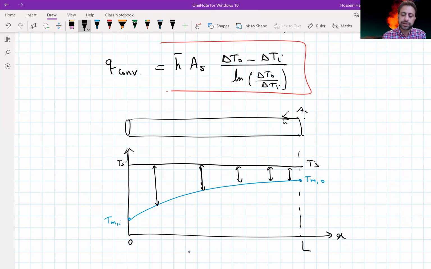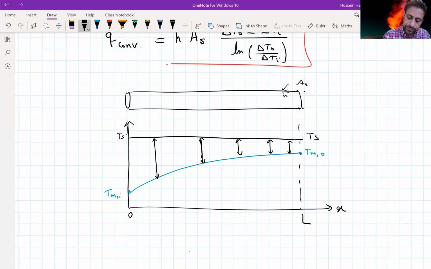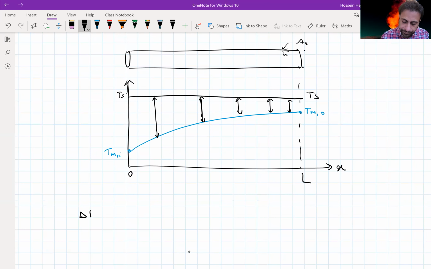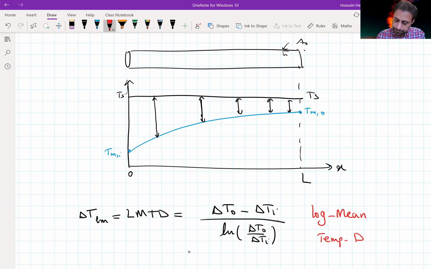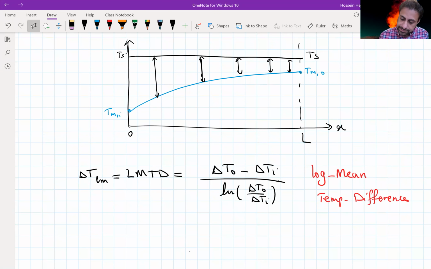And that's what we are going to call LMTD or delta T_LM. So we are calling that one delta T_LM or LMTD, and showing that as (delta To minus delta Ti) over the natural log of delta To over delta Ti. And we are going to call that the log mean temperature difference. And this provides this LMTD.